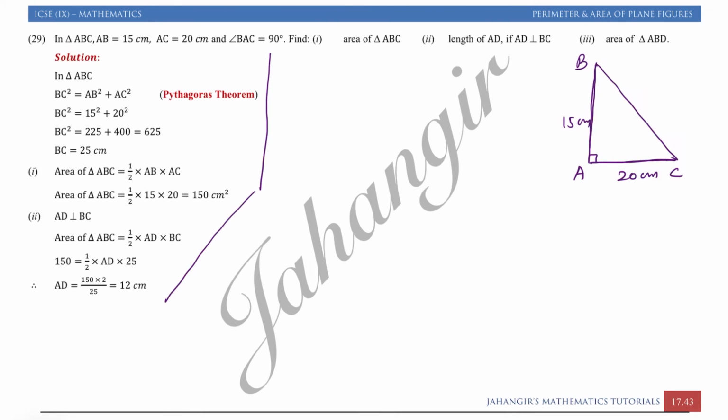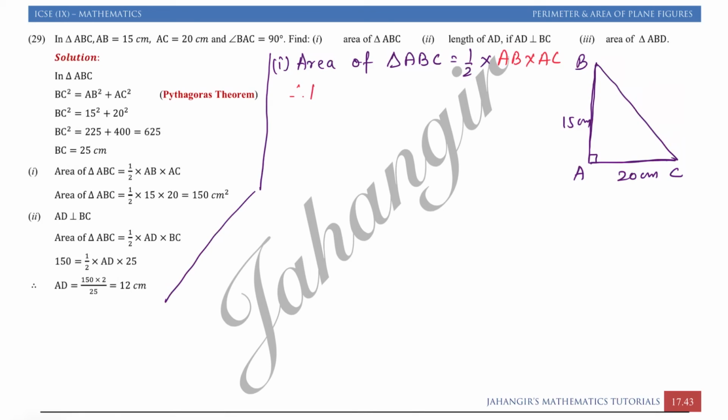So first you need to find the area of triangle. AB is given and AC is given. So first you need to find the area of triangle ABC. That is equal to half into AB into AC.